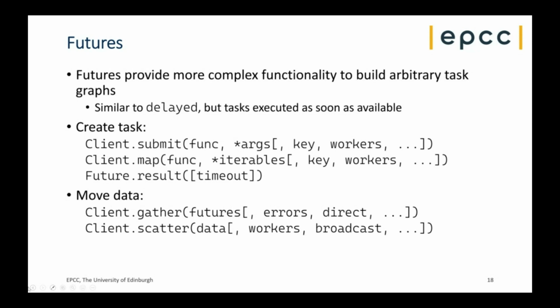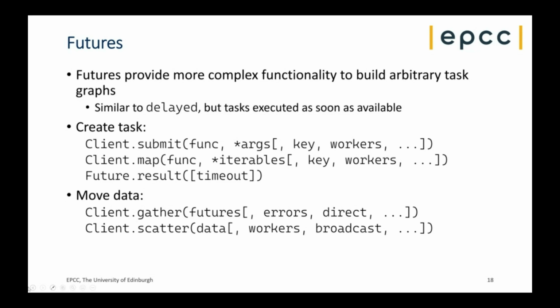Whereas futures is more designed to give you arbitrary task graphs, but also task graphs which you can self-generate and consume, and self-generate and consume. So it's similar to delayed, but you can get tasks to execute as soon as they're available, not build all the tasks and then run them at the end when someone calls compute.